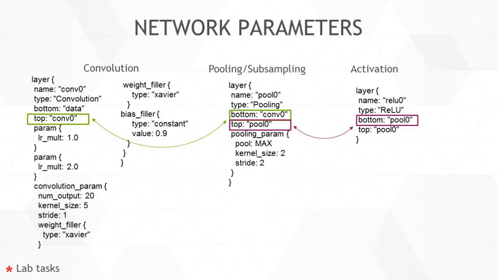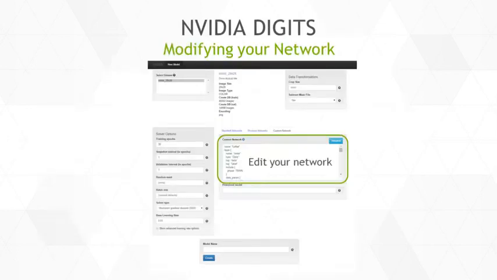Think of this as a file that describes what you're doing with your network. I know this is a lot of text, but one thing to keep in mind is that when you do this in DIGITS, you can always use the visualization feature in the network configuration to help you double check your network configuration. So here's where you can do that.